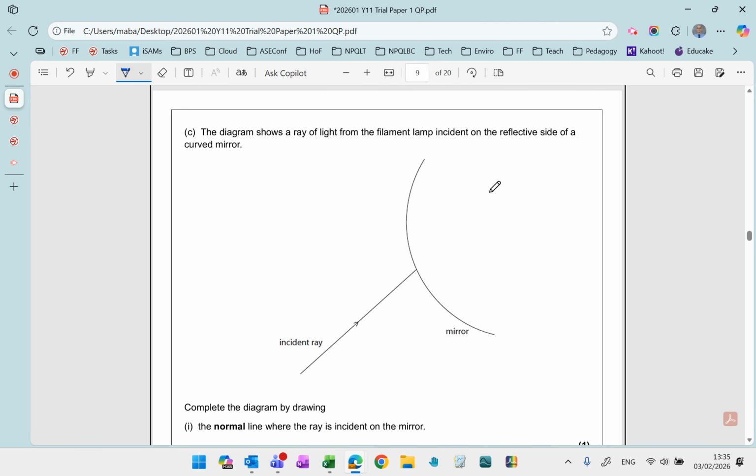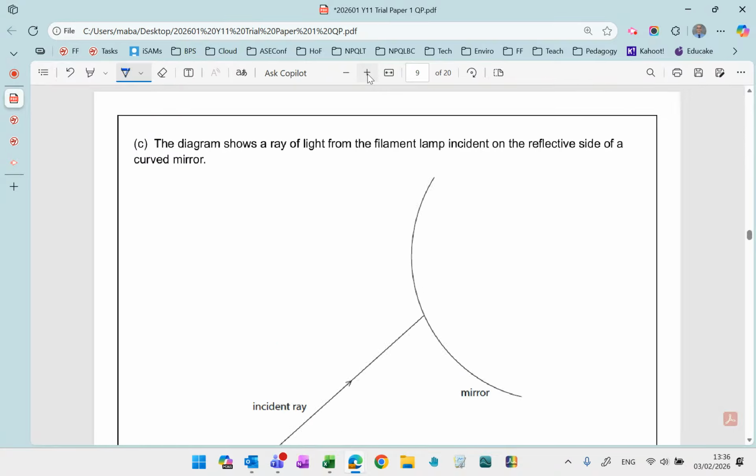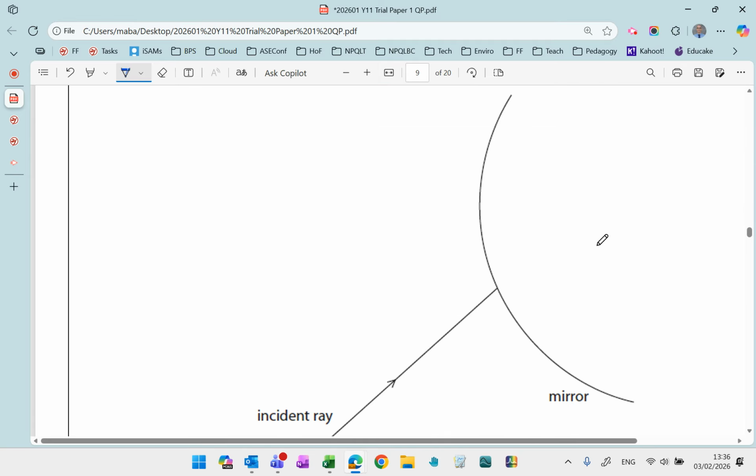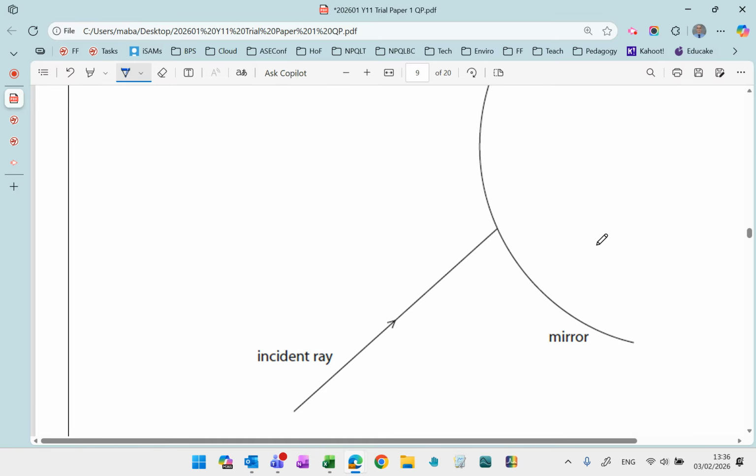Alright, we need to put the normal line where the ray is incident on the mirror. We need to look up the definition of what normal means. Normal means at 90 degrees to, right? So you go to the point where the ray is touching the mirror, and then you draw your normal line perpendicular.